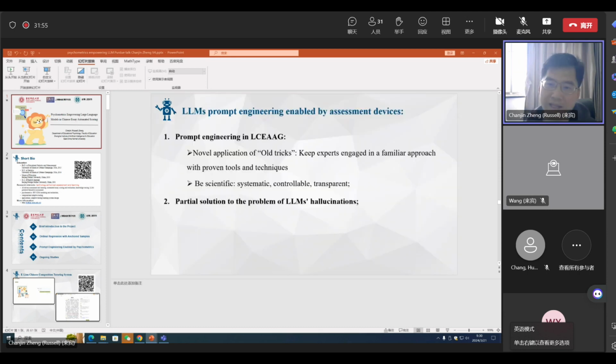We did it this way. What are the benefits? It's a novel application of old tricks. Just like I said, if you take any introductory course for educational measurement, you know this. You know how to develop a construct, and you go to the bottom level and find the indicators.